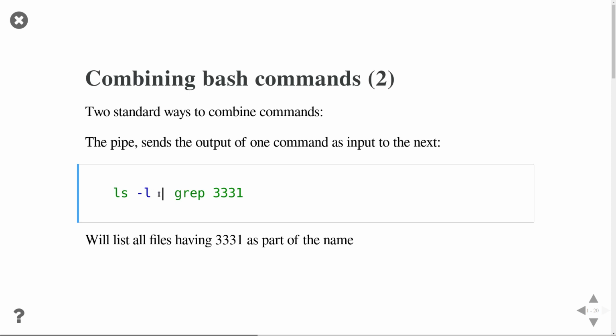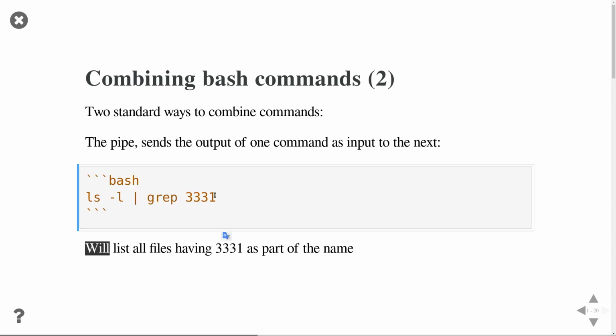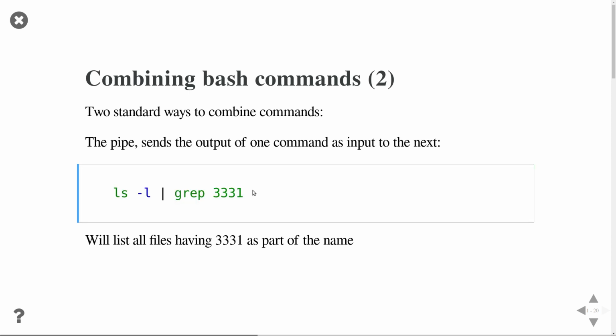And then I take this output and pass it to the grep command. The grep command is a filter. With the grep command, you can say, I'm only interested in lines that contain certain keywords. In this case, I'm only interested in the lines that contain the word 3331. And so the result of this will be that you list all the files that contain the word 3331. Yeah. So just from combining these two, you already have quite a flexible setup.